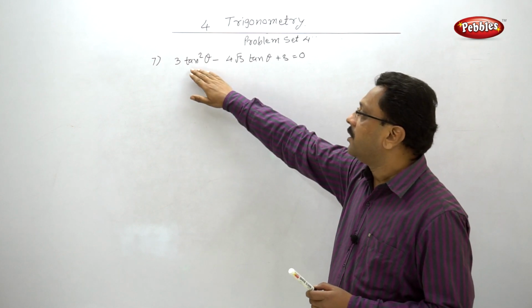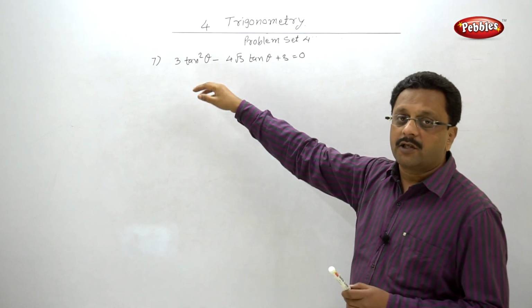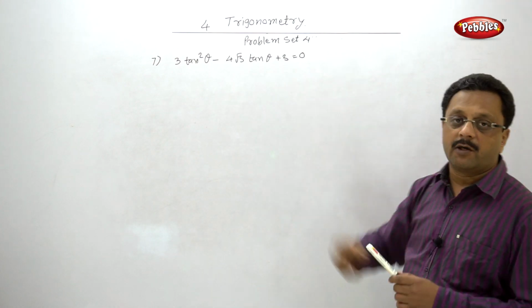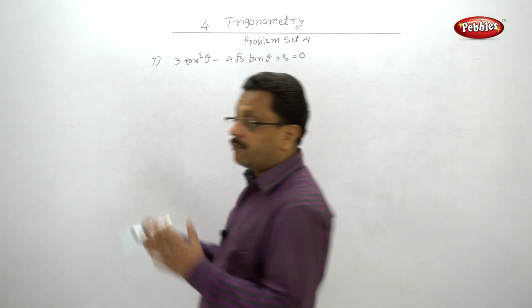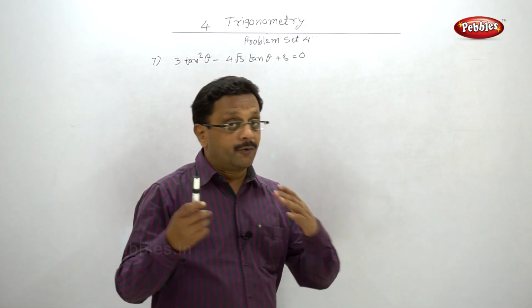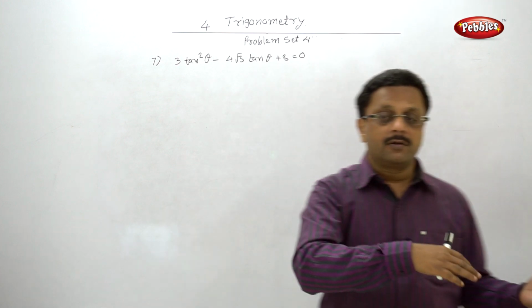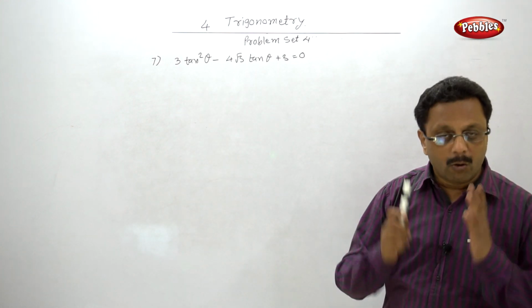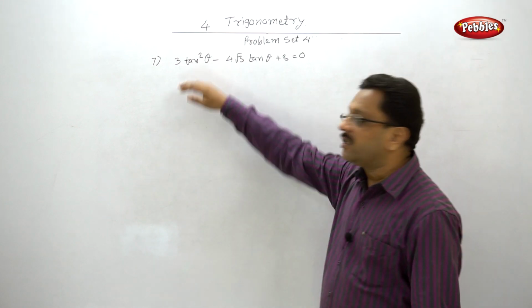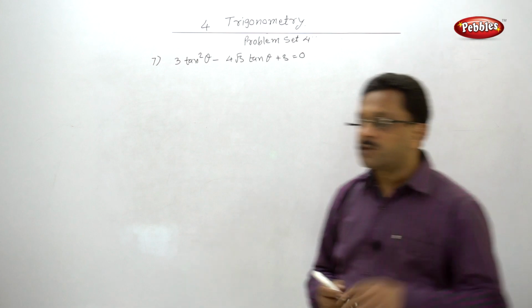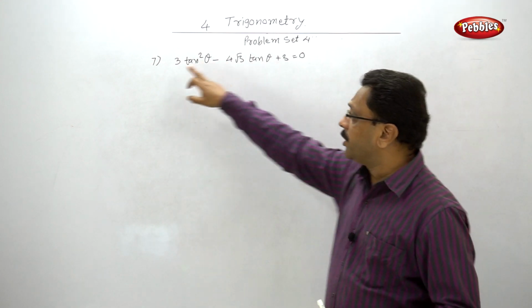If you consider tan as x, then what is the equation? 3x square minus 4 root 3x plus 3 equal to 0. This is a quadratic equation. We have already solved these in our algebra. So if you can solve that quadratic equation, you will easily be able to solve this one. Only in this case tan theta is there in the place of x. So how will we solve this? 3 into 3 is 9.